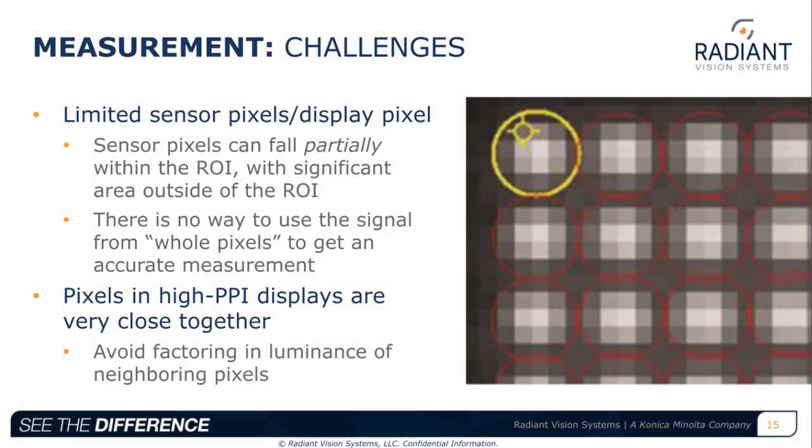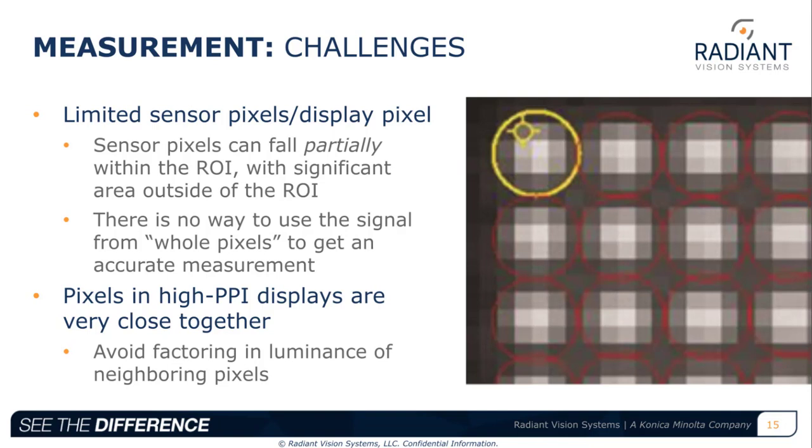Just like we use the fractional pixel method to help us improve the accuracy of the registration, we also use the fractional pixel method to help us improve the measurement. As you can see in the image, we have a lot of pixels in a region of interest which may be partially inside the region of interest. And how do we use those pixels?